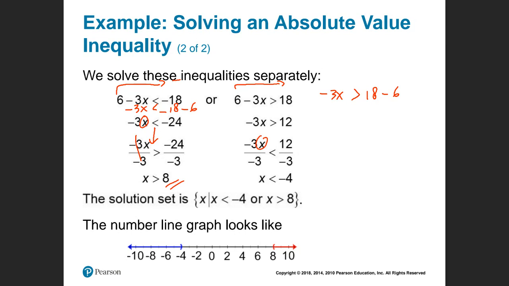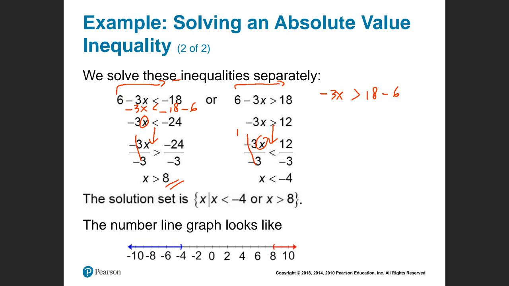Remember again, because we divide by a negative number, you have to change the sign. Greater than becomes less than. So negative 3x divided by negative 3 less than 12 divided by negative 3. Cancel, becomes 1. So x less than 12 divided by negative 3, which is negative 4.